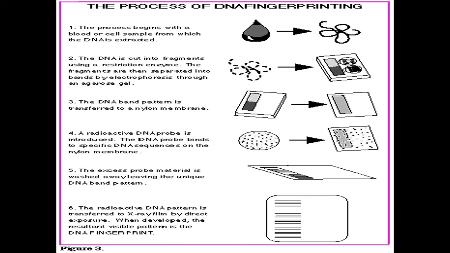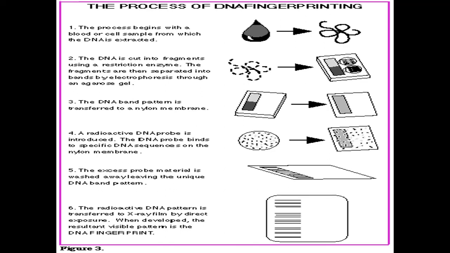Number 4, a radioactive DNA probe is introduced. The DNA probe binds to specific DNA sequences on the nylon membrane. So the DNA sequences are on the nylon membrane, and then a probe is introduced which binds to specific DNA sequences.